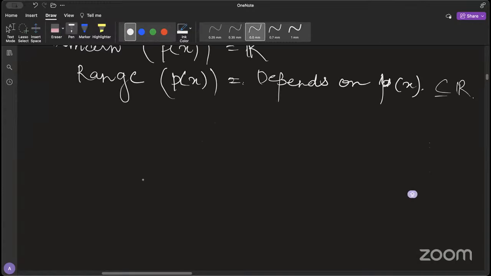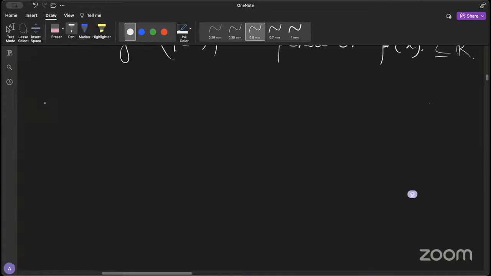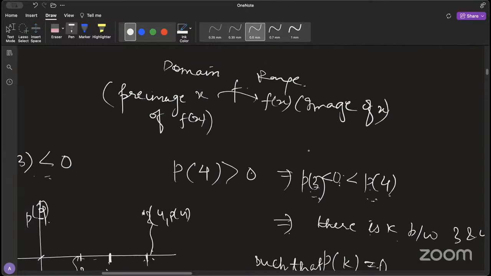Okay. Then let's come to the graphing part. This last point is about the multiplicities.